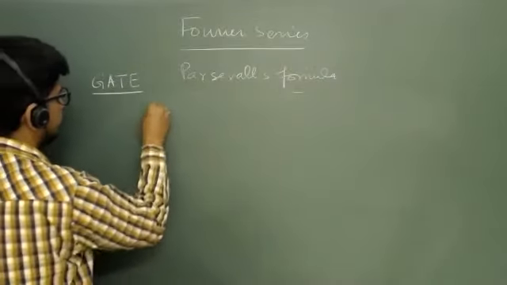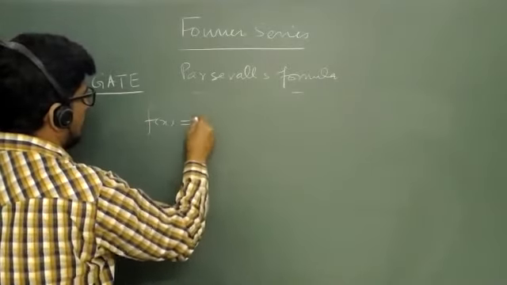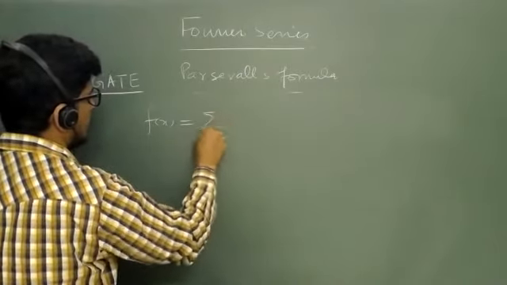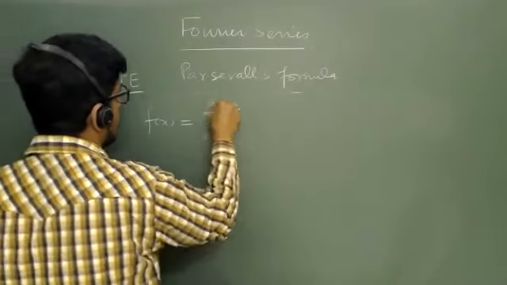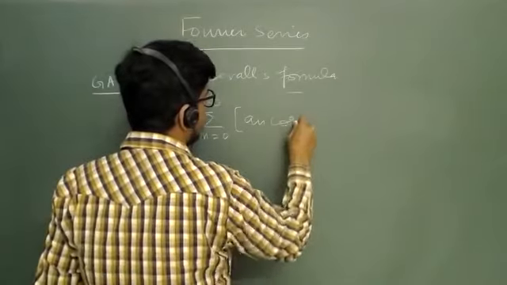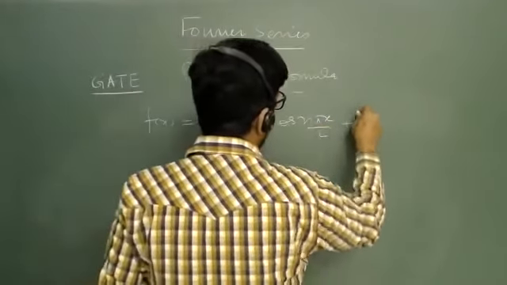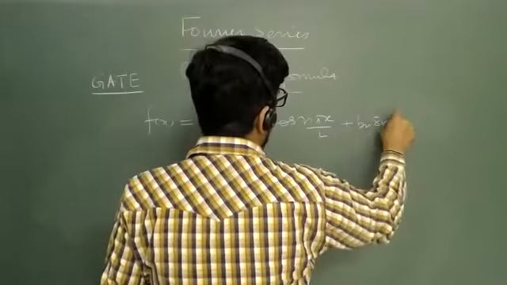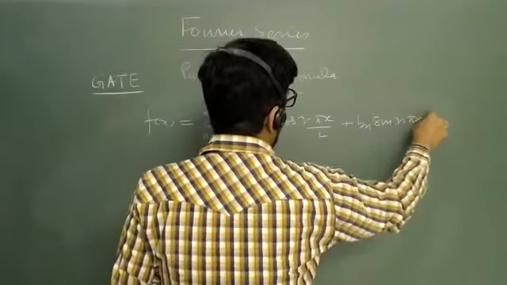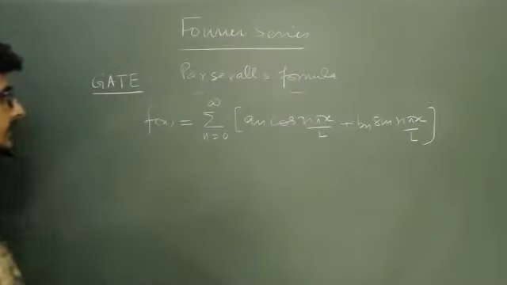f(x) will become, suppose you take summation n is equal to 0 to infinity of a_n cos n pi x by L plus b_n sin n pi x by L. This is the Fourier series.